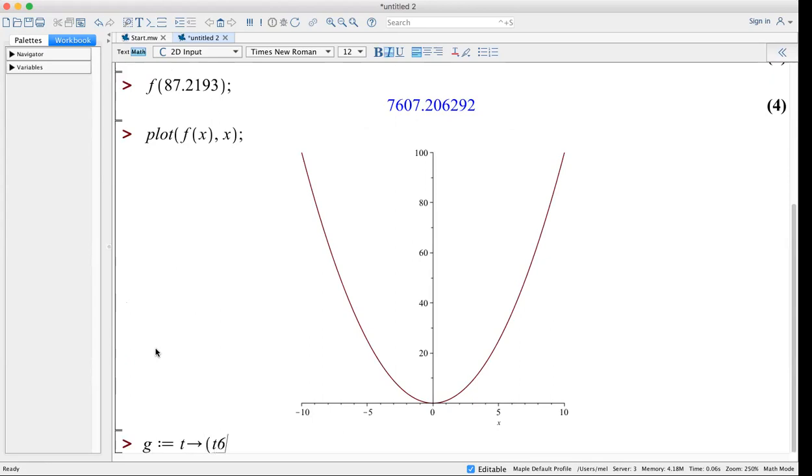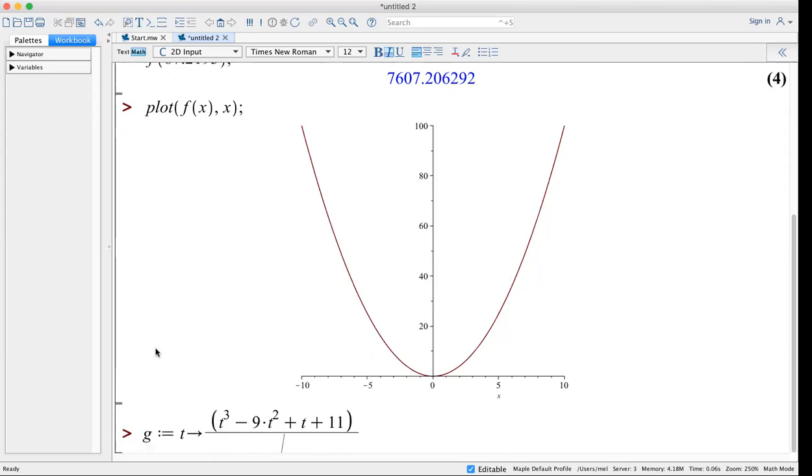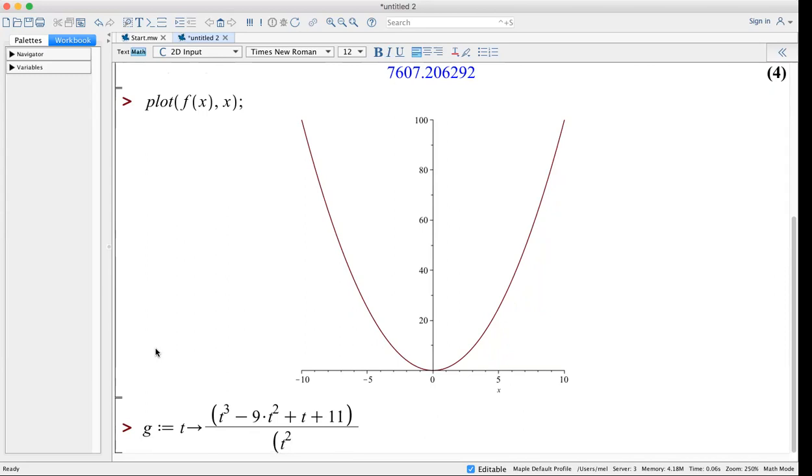Say this is t cubed minus 9 t squared plus t plus 11 over, I don't know, t squared minus 5t plus 4 times, I don't know, t squared minus 6. That's some function.